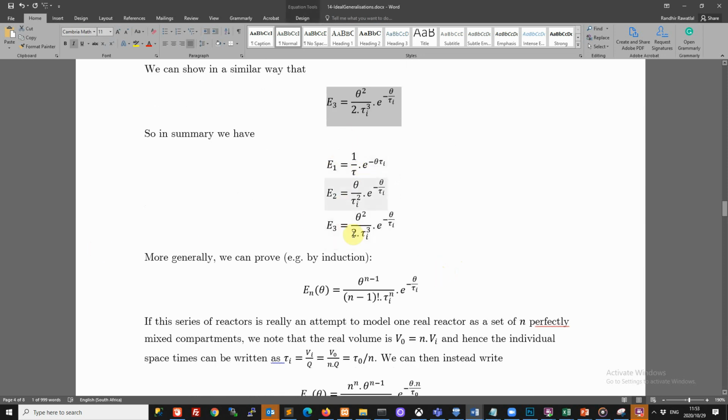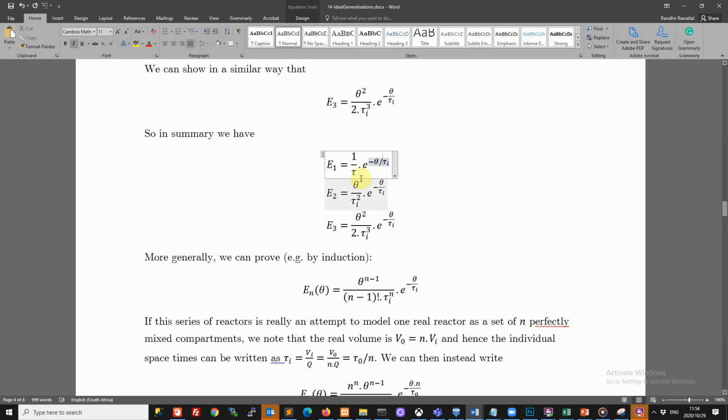So if you put them all together, it looks like this. And again, we can see a progression here. Number one, the e to the minus theta over tau I is the same in each case. Then in terms of theta, you've got theta to the 0, theta to the 1, theta squared. So we can say here theta to the n minus 1.